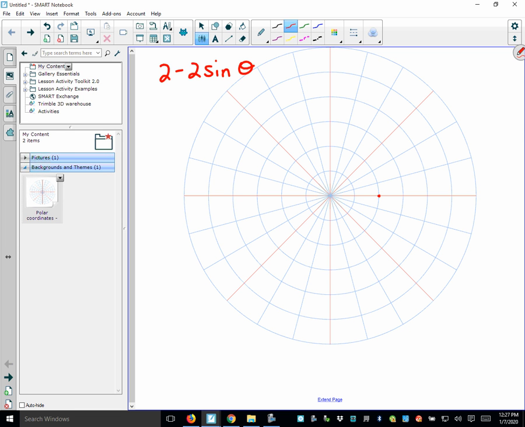Did you trace it? Do you have it graphed? Trace it. Are you going to have this on the test? The graph? Yes. Okay. Now, at 30 degrees, what is r? 1. How did we find that? Type in 30.